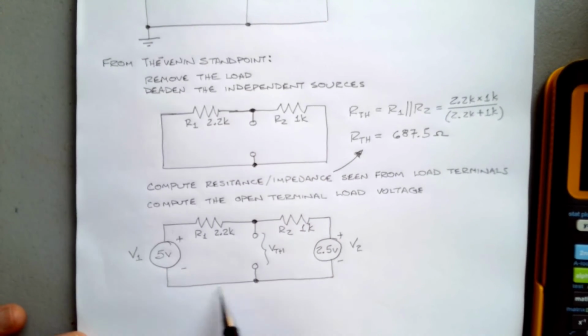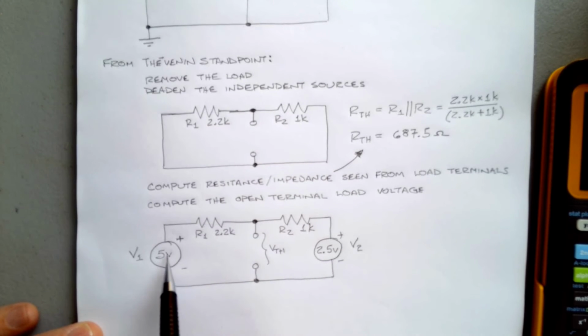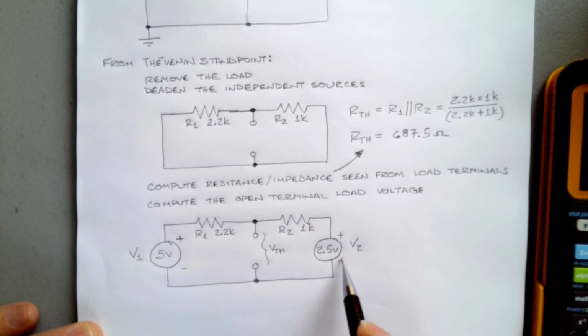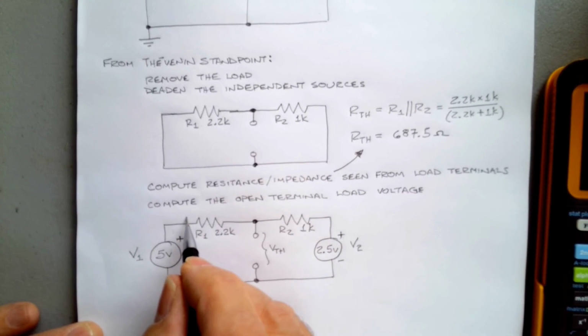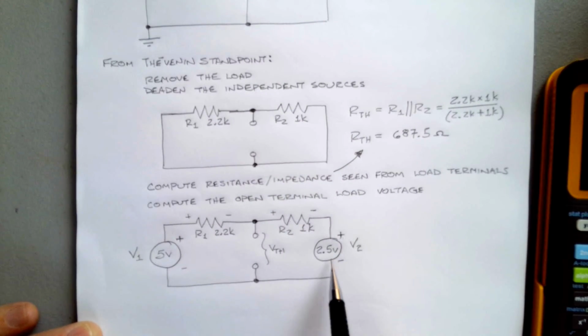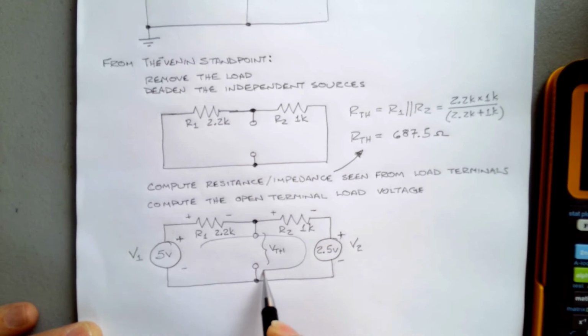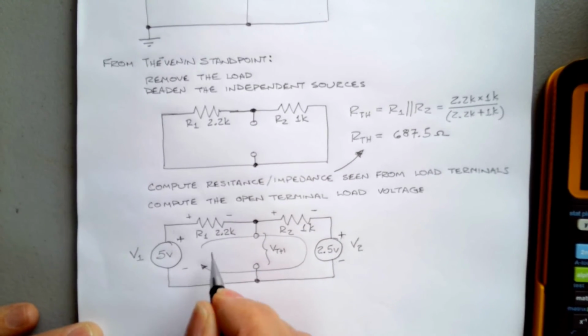Well, if you look at this circuit, you've got a complete circuit around here, and it's got 5 volts opposed by 2.5 volts. So we could draw these as voltage drops, and this 2.5 volts will actually be a voltage drop. And we can look at the current flowing like that.